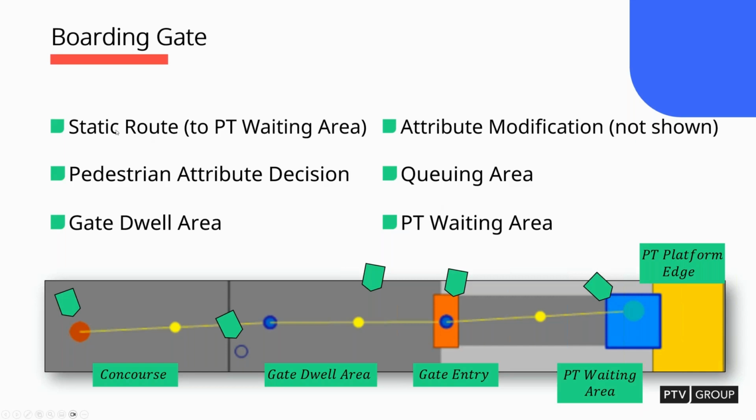So we need to use a static route to navigate our pedestrians to that public transit waiting area. And then on the way, we're going to have a pedestrian attribute decision that then assigns them a boarding status, right? You might be general boarding, you might be pre-boarding, you might be priority boarding, something like that.